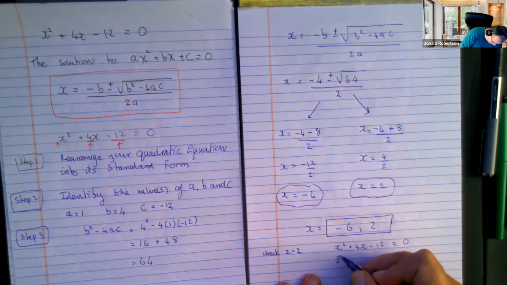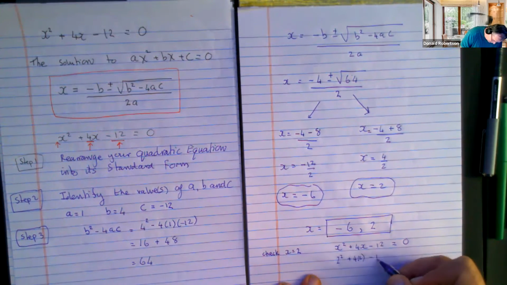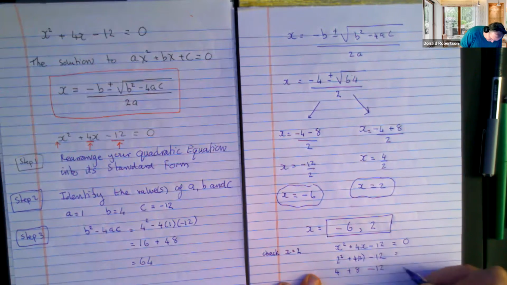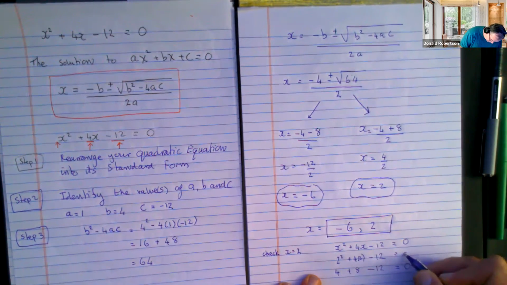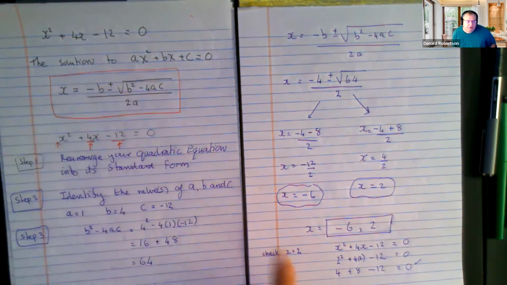You then replace the x by 2, so it's 2 squared, 4 lots of 2, take away 12. That's 4 plus 8, take away 12. And yep, that equals 0. Check. We know it's the solution. We are good to go. And it's essentially the process of using the quadratic equation.